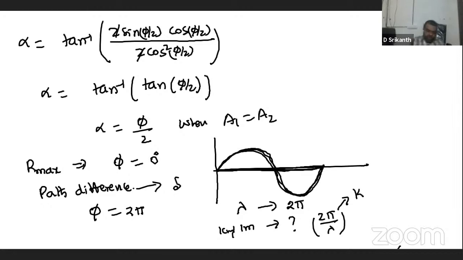Now, for unit dimension, it is this one. If the distance traveled is delta meters, then I can write it as 2 pi by lambda into delta. That is, for lambda, the angle is 2 pi.